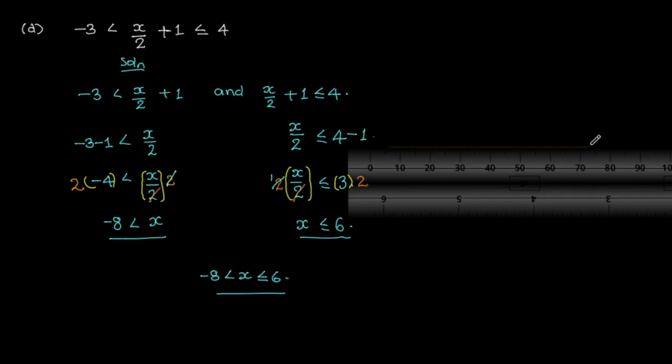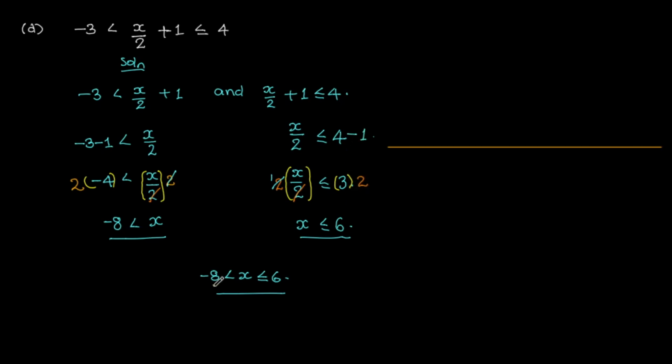So from here we look at the boundaries, and the boundaries here are -8 and 6. So this is quite a lot of range. I'm just going to have here our -8. It will go up to 6, and we have a lot of numbers in the middle here.